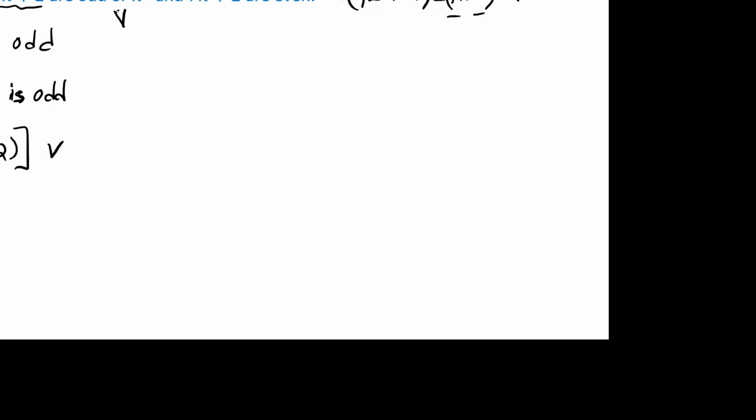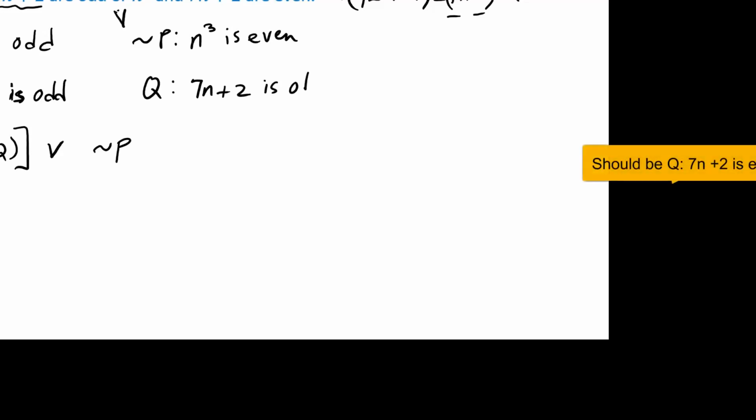Well, this is saying n cubed is even. N cubed is even, so that would be not P. And 7n plus 2 is even. So not P is n cubed is even, and Q is going to be 7n plus 2 is odd.